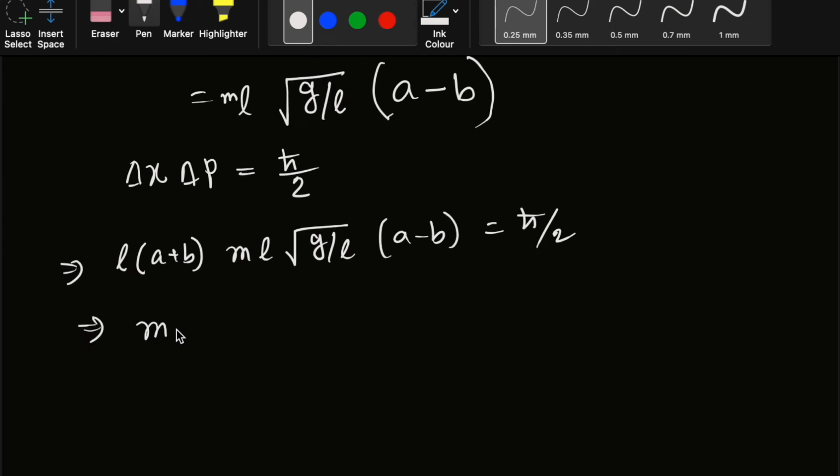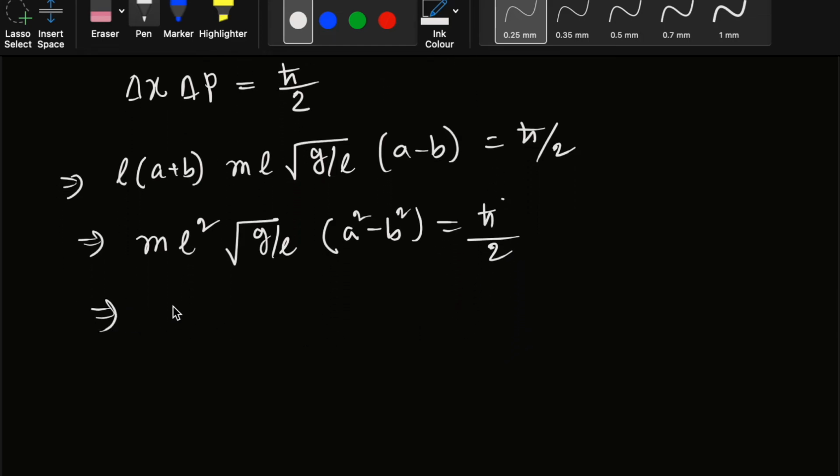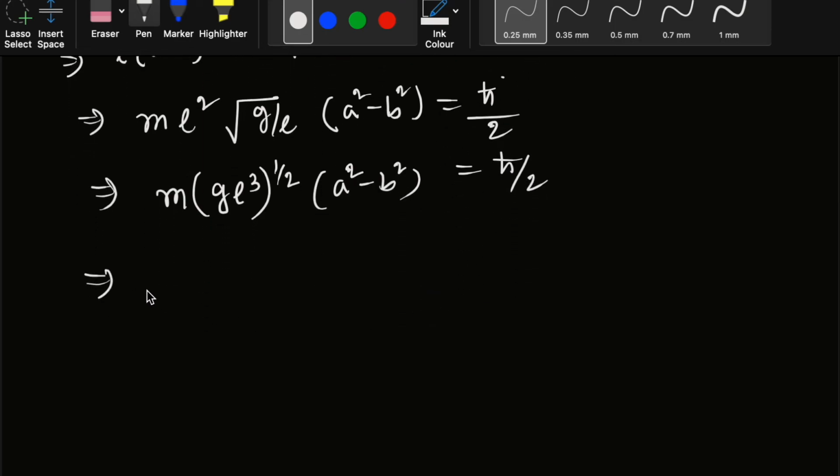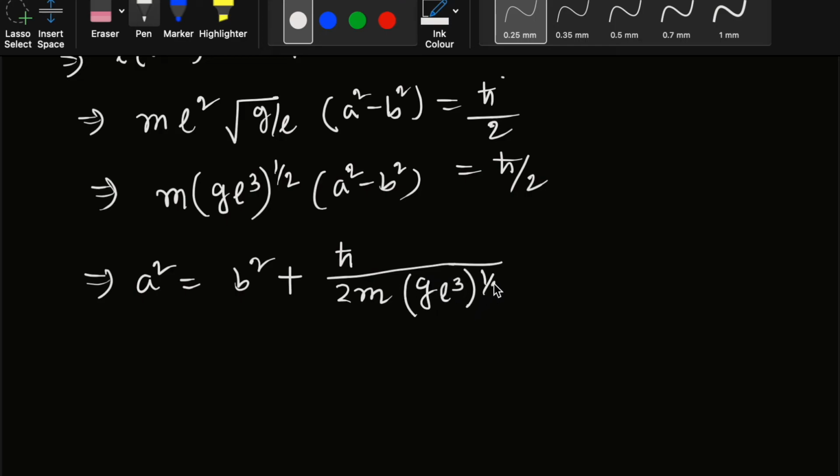That means m l square root over g by l, a square minus b square is equal to h cut by 2, that means m g l to the power half, a square minus b square is equal to h cut by 2, that means a square is equal to b square plus h cut by 2m g l to the power half.